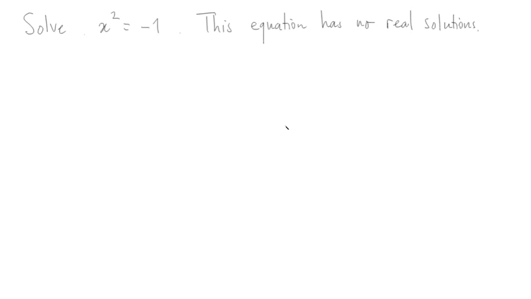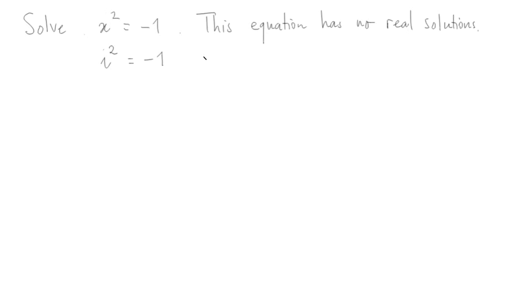However, in order to get around this problem, a new number is introduced, namely i, and the square of this number i is equal to negative 1.